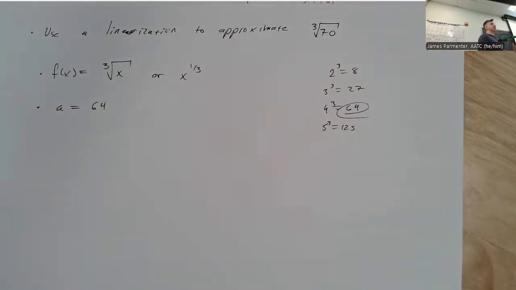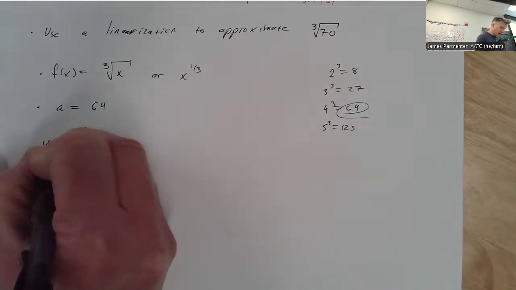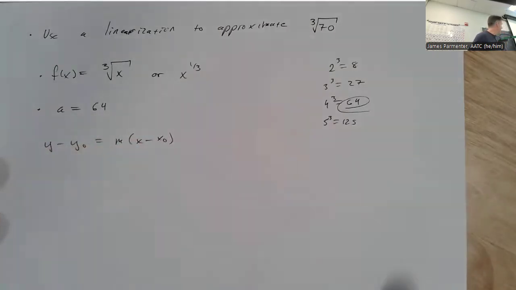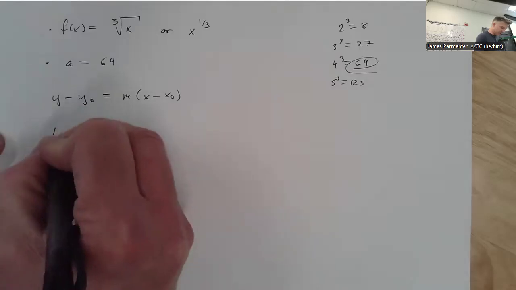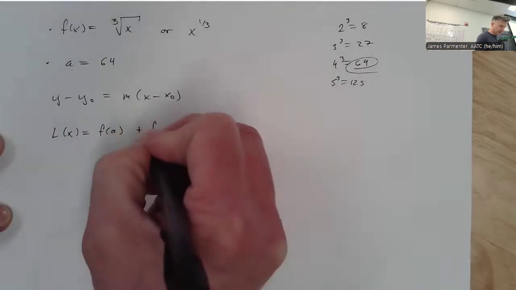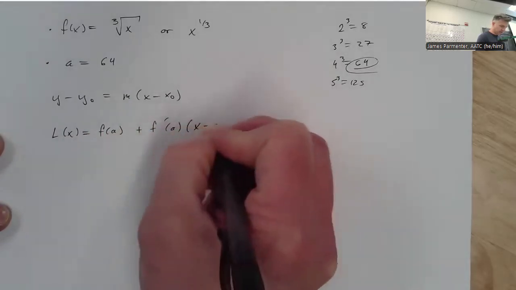But a is always just the closest thing that's easy to evaluate the function at. So you actually don't have to use a calculator. The rest of this is throwing stuff into this equation of the tangent line, right? It's just the equation of the tangent line. Instead of writing it like we usually do, as y minus y naught equals your slope times x minus x naught, we're writing it as the linearization equals f of a plus f prime of a times x minus a.